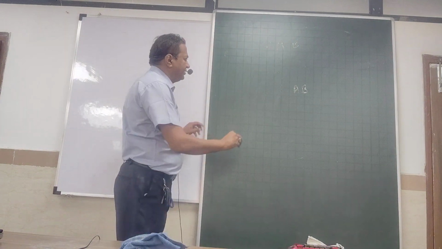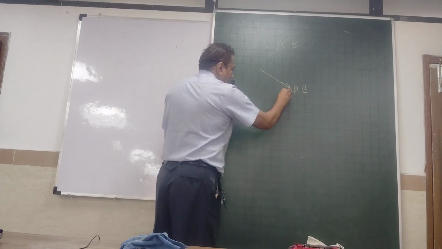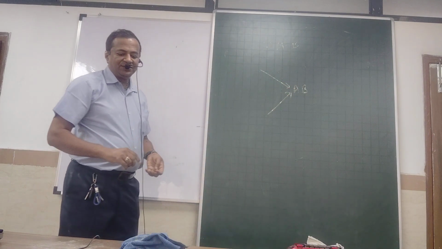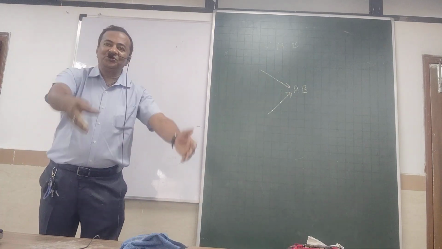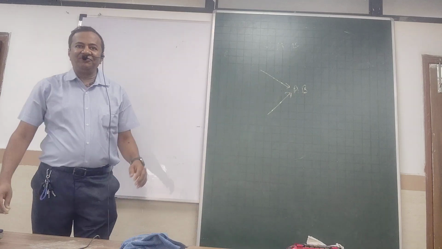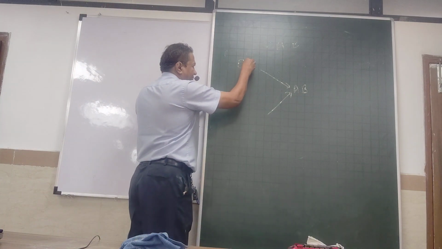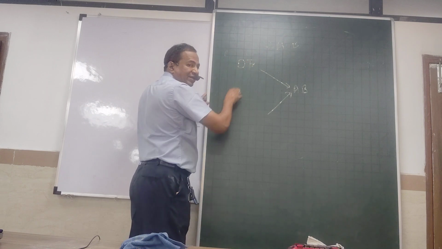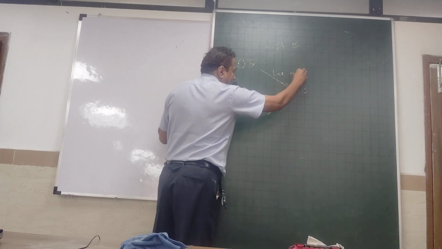Amygdaloid body has two afferents, which I have already taught you. What is one afferent? Olfactory tract via lateral olfactory stria.